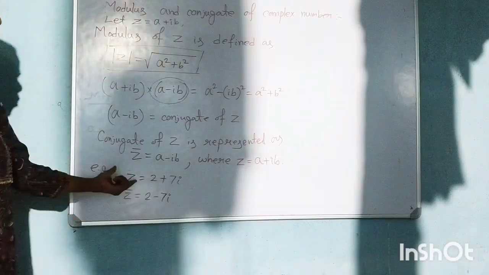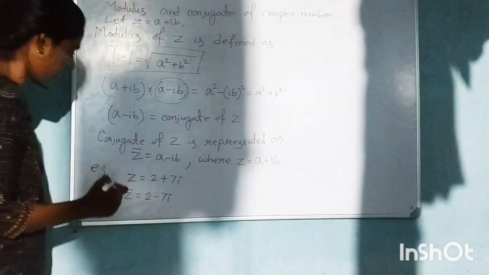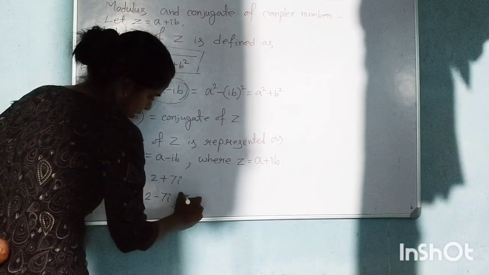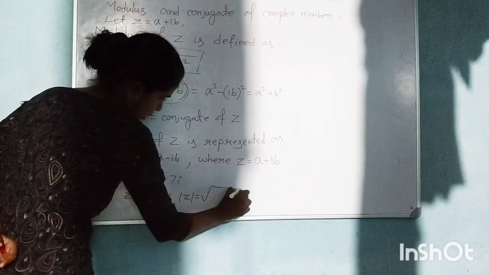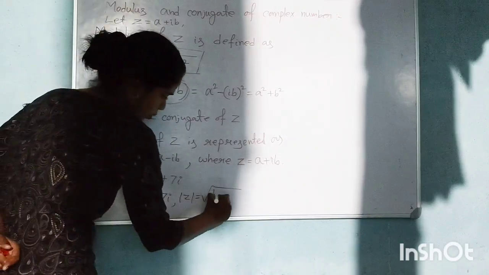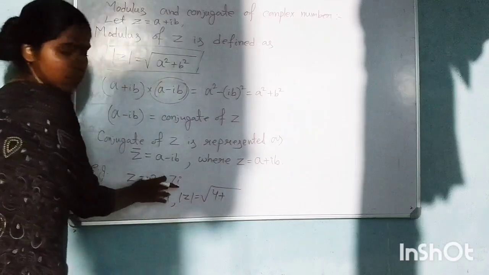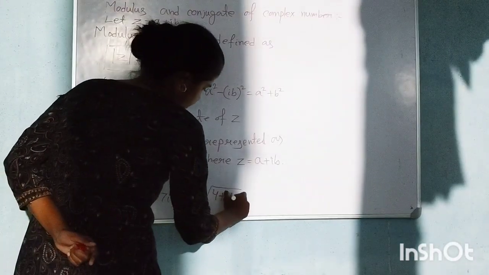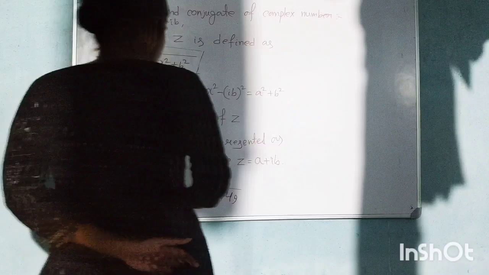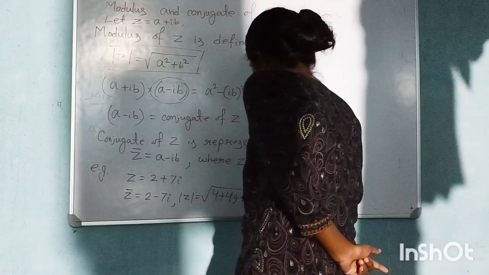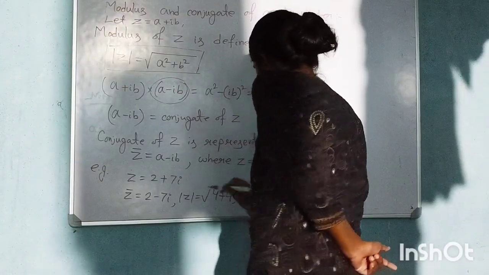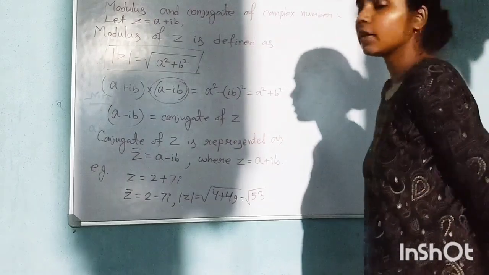Now tell me what is the modulus of z? Our formula is root over a square plus b square. a square means here 4, b square means here 49. So it will be root over 53. Understand?